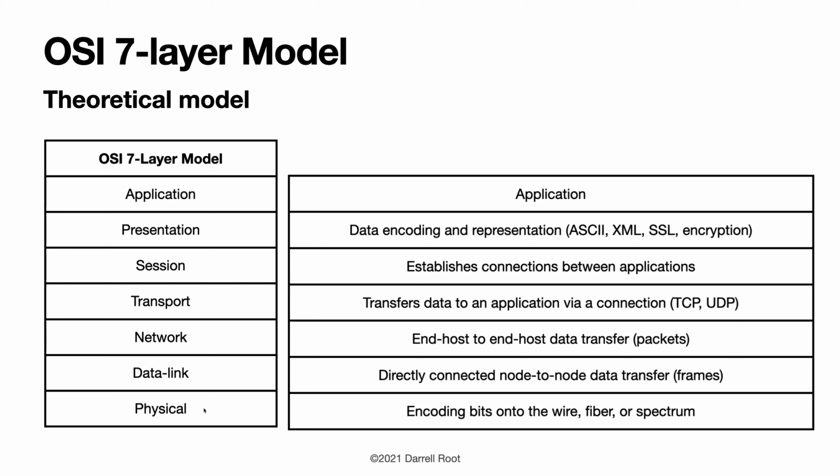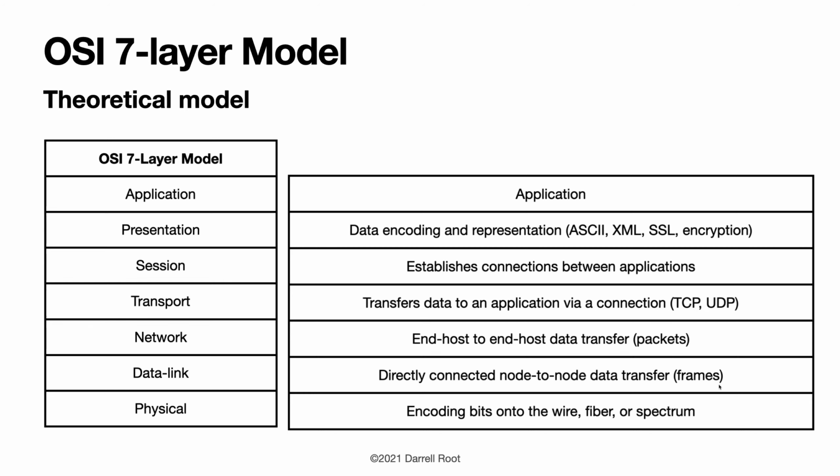We'll start at the bottom. The physical layer deals with encoding bits onto the wire, or bits onto the fiber, or bits into the spectrum. The data link layer, which is layer 2, deals with directly connected node-to-node data transfer.